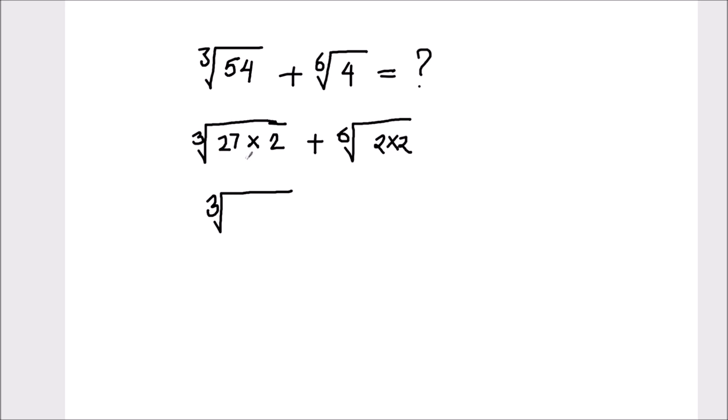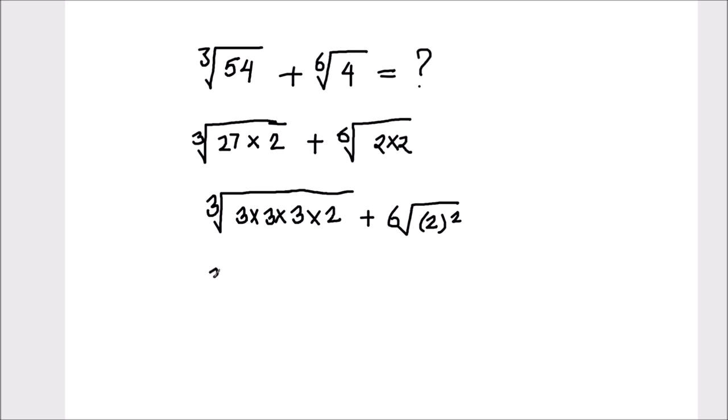Again, we can write the factors of 27 as 3 times 3 times 3. These are all the factors of 54, plus sixth root of 2 square. 2 times 2 is 2 square. We have just written it in form of exponents.